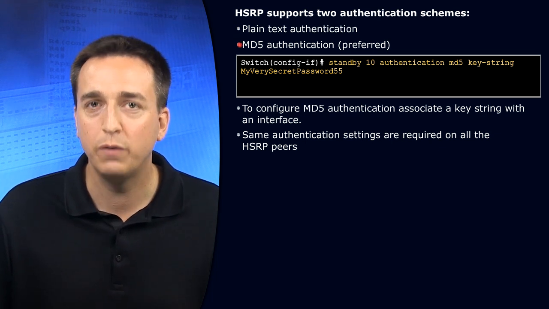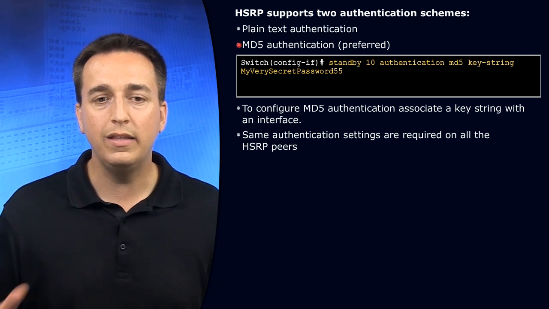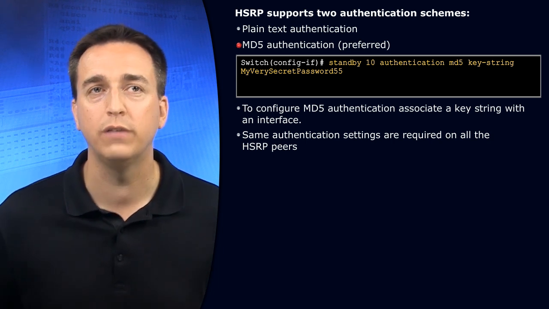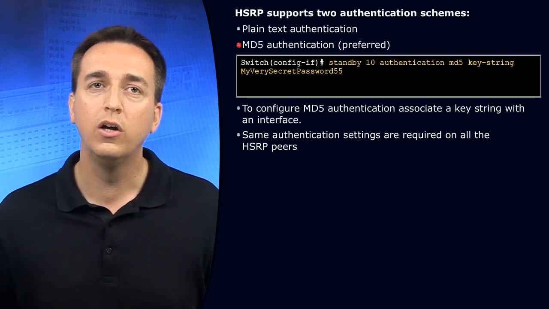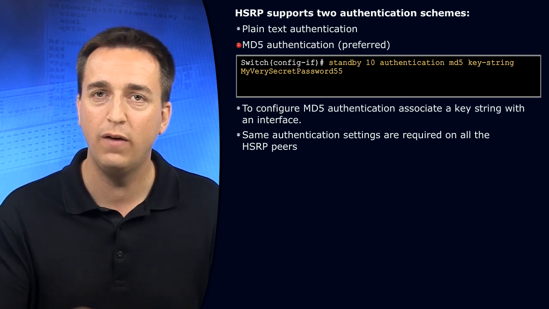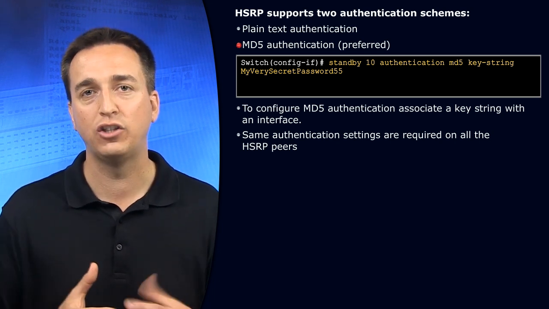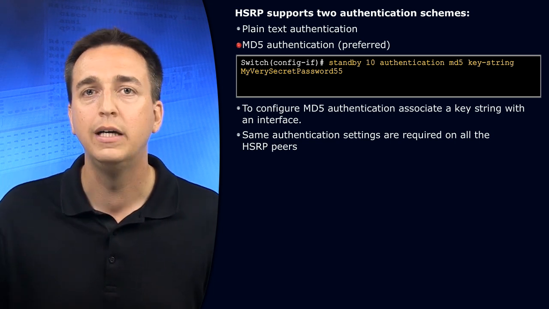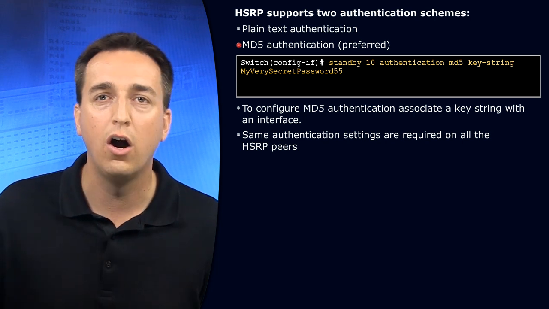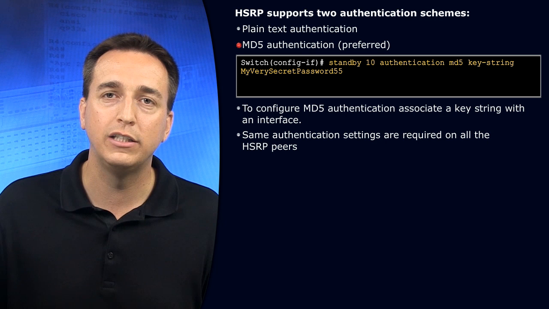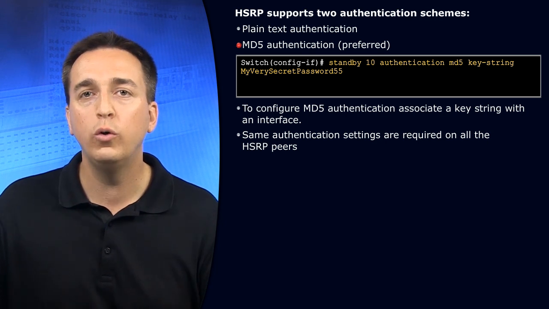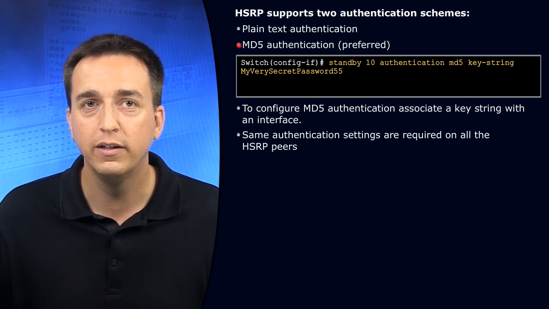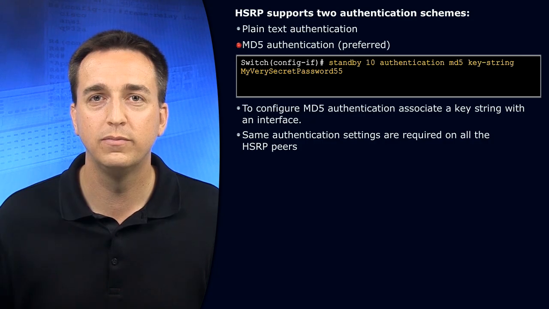MD5 is the preferred method because instead of sending the actual value of the password or the string you're using for authentication purposes across the network, you are sending a hash, an MD5 hash, and then that MD5 hash can be compared by both devices or all devices in the HSRP group to make sure that those hello packets are authentic, they are accurate, and as a result, we can control who is part of that group and ensure that no rogue devices join with the other HSRP peers.